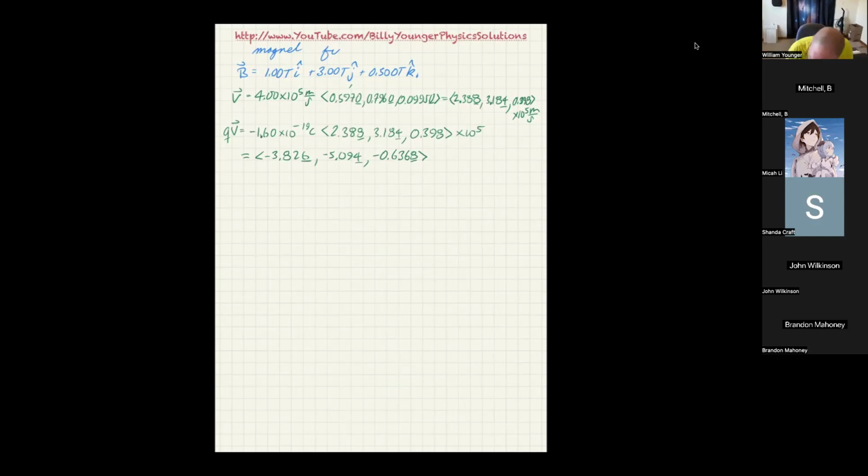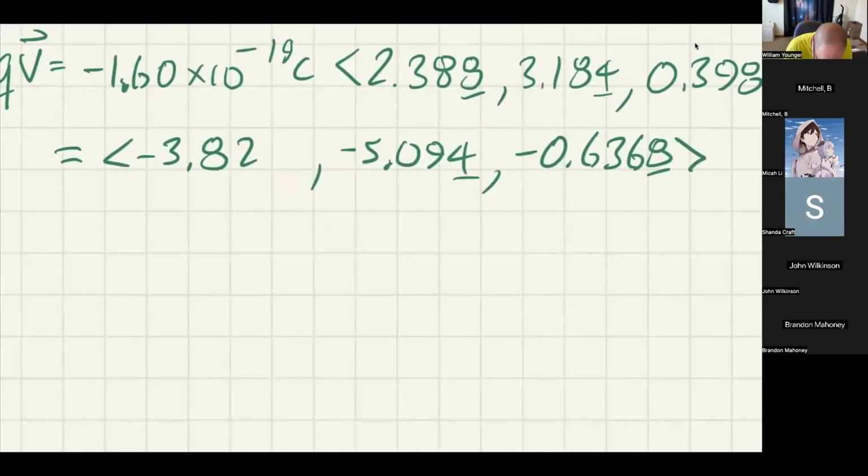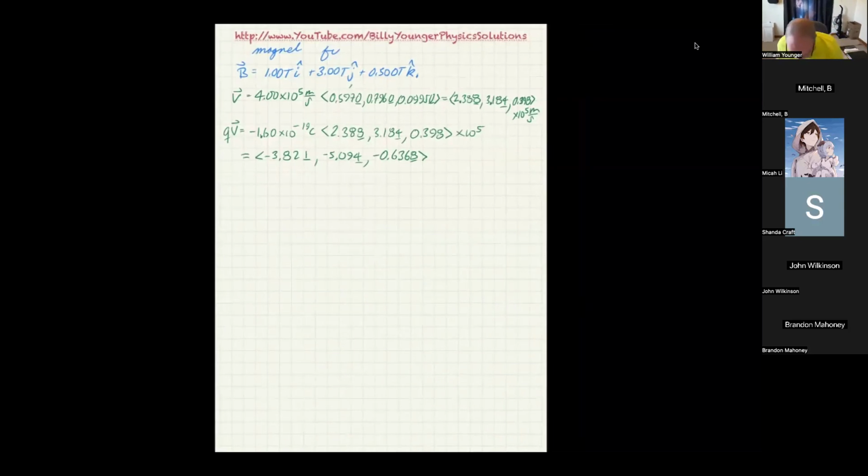So that actually does make it a little better, not significantly better, but a little bit better. Then 10 to the negative 19th times 10 to the 5th would be 10 to the negative 14th. So this is going to be times 10 to the negative 14th coulomb meters per second. That's the whole units of QV.